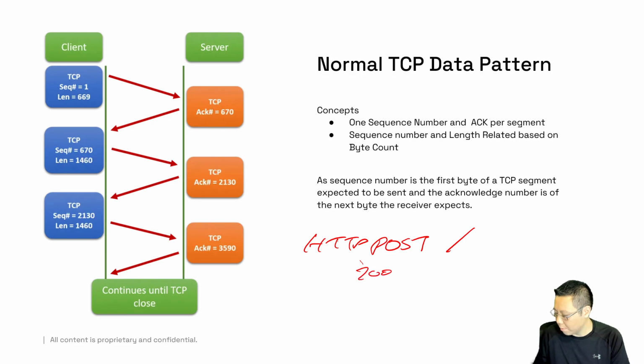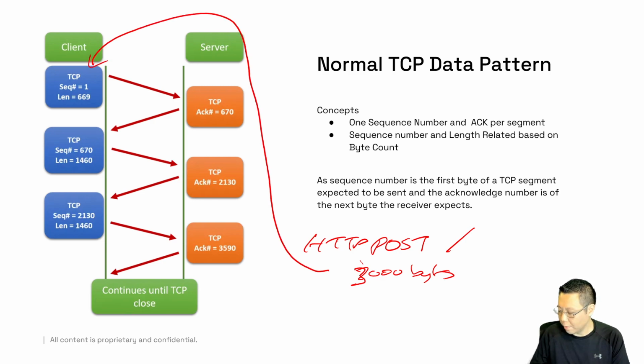Let's say I'm sending about 2,000 bytes of data or 3,000 bytes of data. It gets broken up into chunks inside data segments, and then it starts sending the data after my initial connection over TCP, doing the post and sending this via TCP and allowing TCP to handle the segmentation of the data as well as the reliability of how that data gets sent. HTTP is just doing so until the connection finishes.